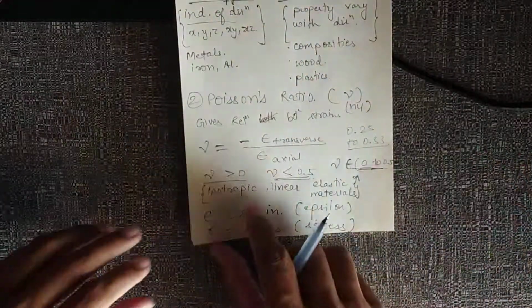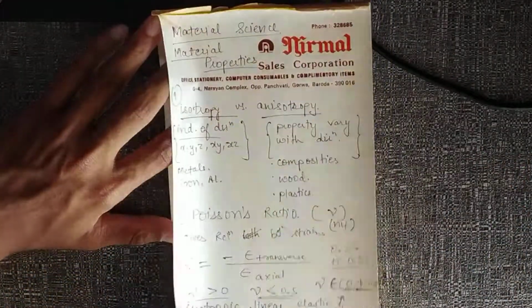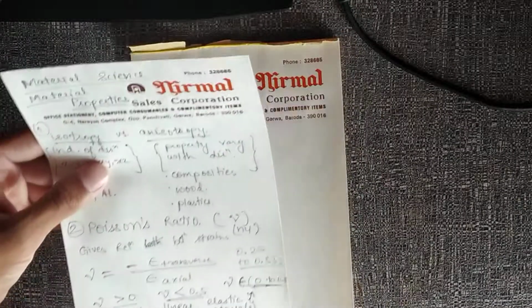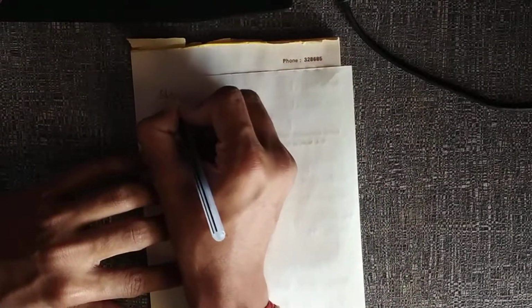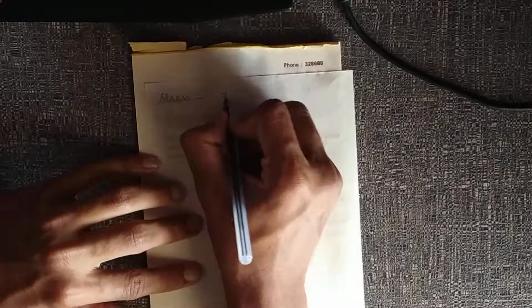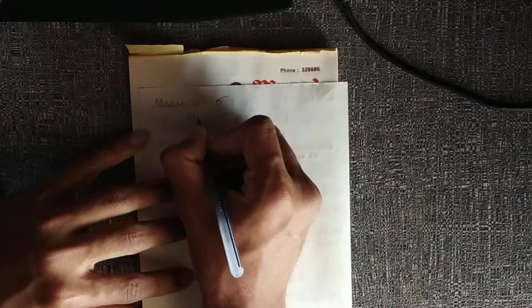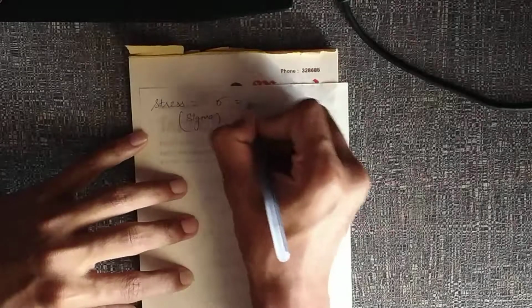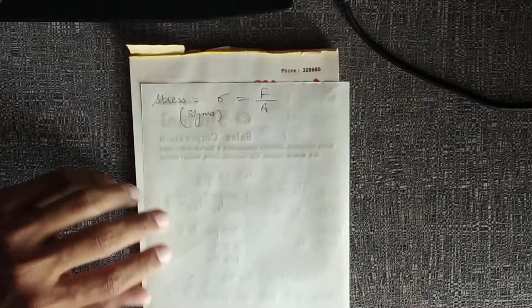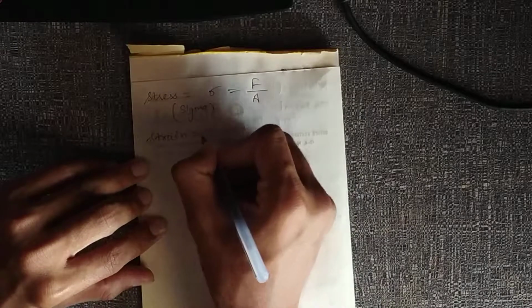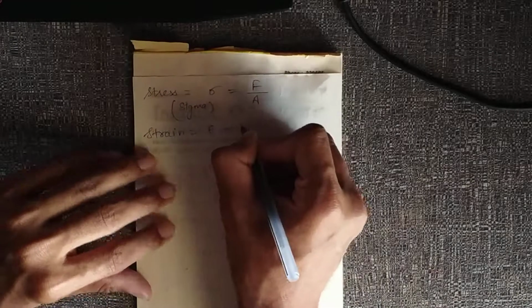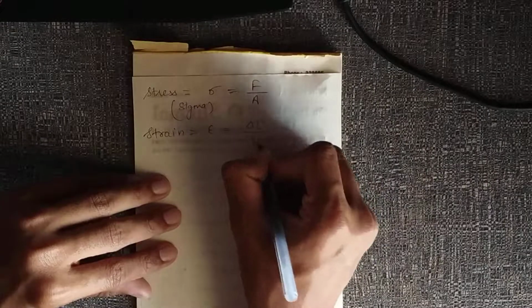So let's talk about two kinds of stress. I introduced stress and strain. Stress is sigma, and it is force upon area. And strain, which was epsilon, is change in length upon the original length.